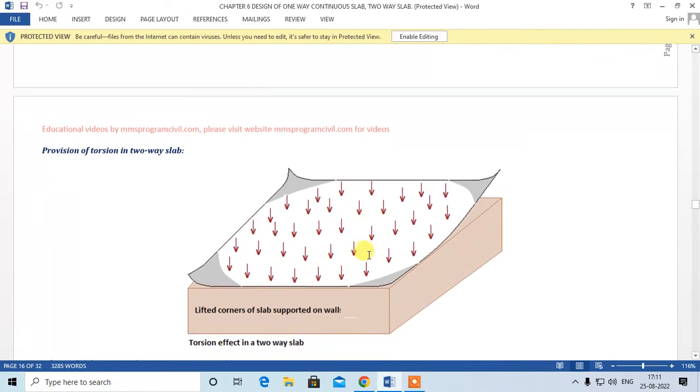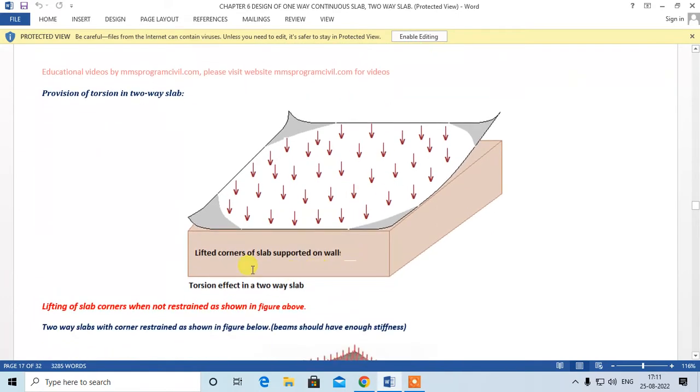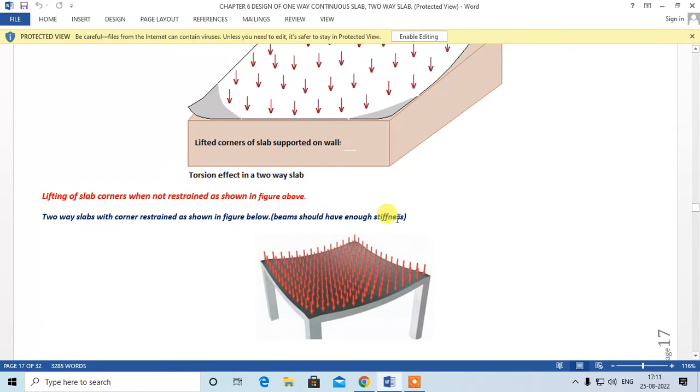Fine. So there are two types of slab. One is slab supported on walls. These are known as simply supported two-way slabs. When they are loaded with UDL, you can see they deflect into a saucer shape, and the corners are uplifted, right? So this is one type.